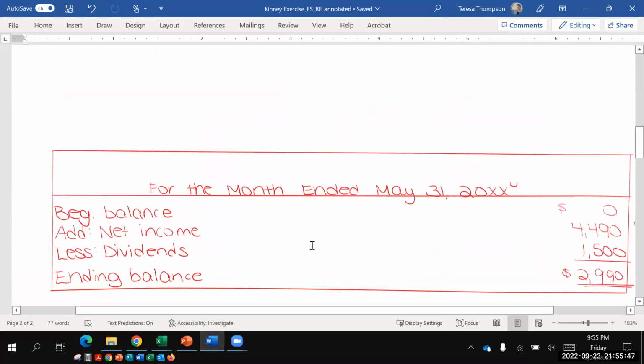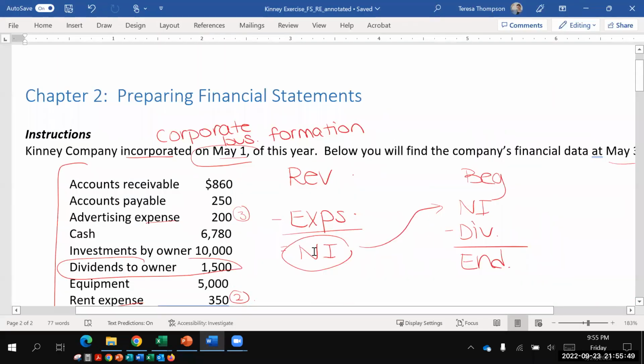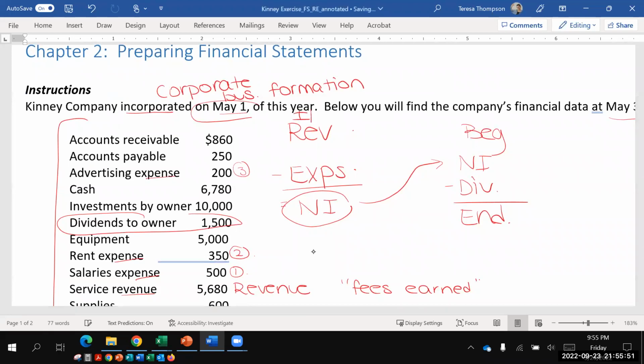Back to Kinney. All right, so when we did the income statement, we were looking for revenue and expenses. When we were doing our retained earnings statement, we were looking for net income and dividends. And now we know for our balance sheet, we're looking for assets and liabilities and owner's equity, specifically owner's equity in the form of common stock and retained earnings.